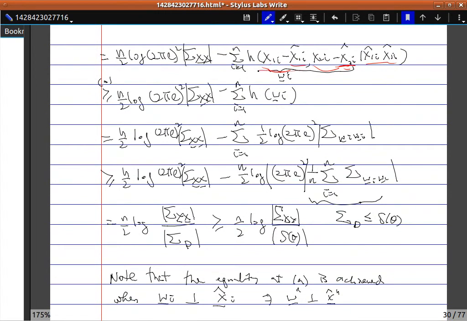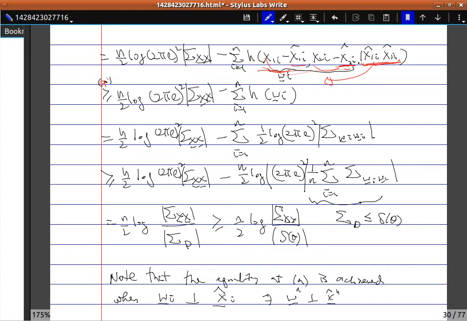This is actually an important step. So again, this is just conditioning reduces entropy. But one thing you see is that this will be equal to this only when this error is independent of your estimate, right?